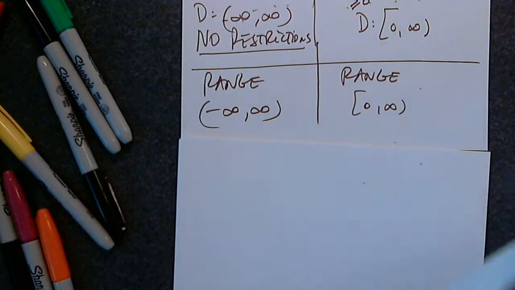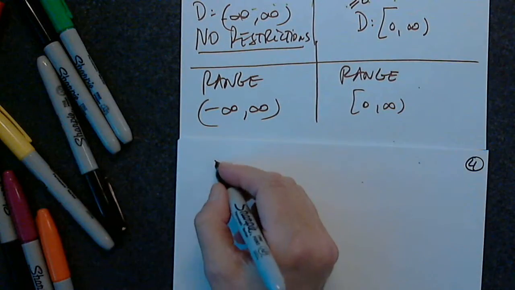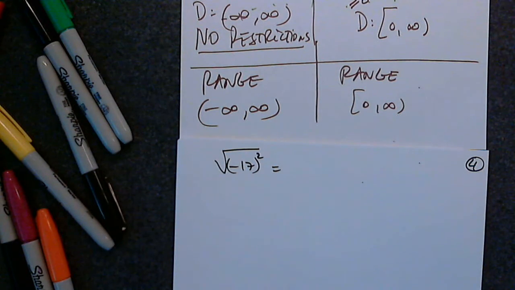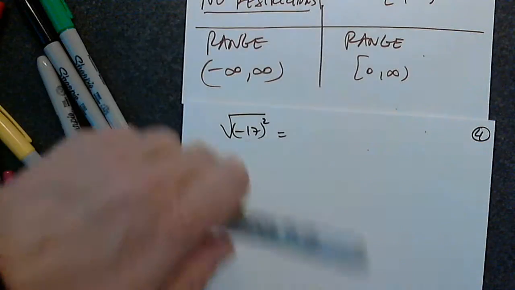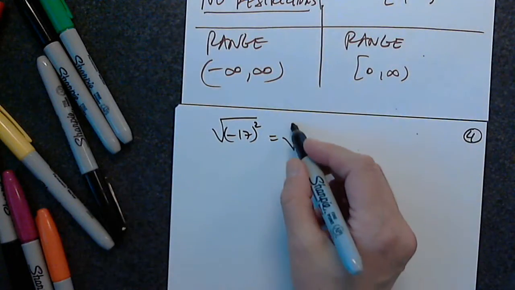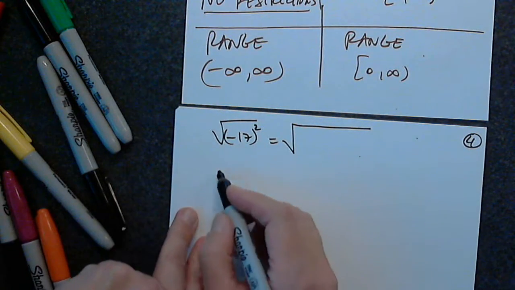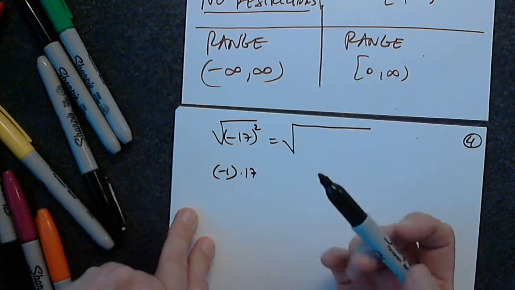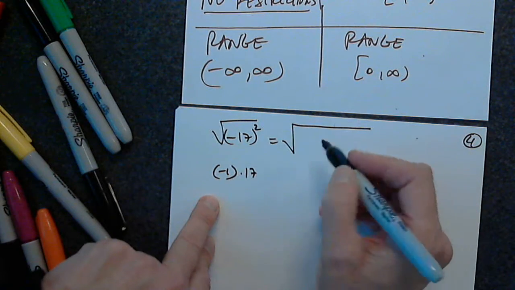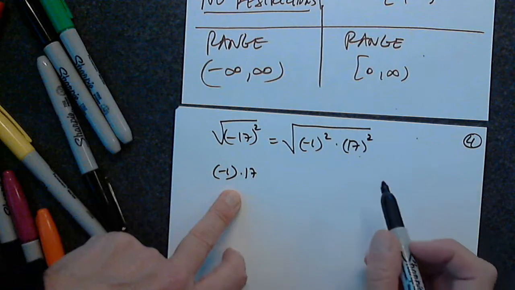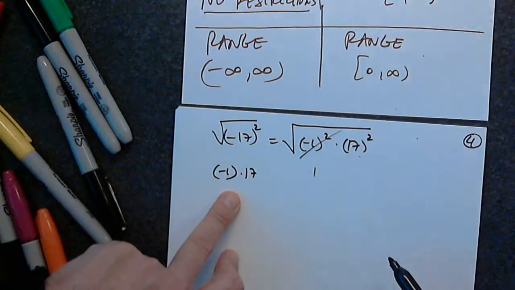So then, this is a tricky situation that they are showing us here. They say, find the square root of negative 17 squared. Okay, so here is what I need to do first. I have to notice that this is two pieces, negative 1 and 17. I have to raise negative 1 to the second power, and I have to raise 17 to the second power. But when I raise negative 1 to the second power, I get 1.